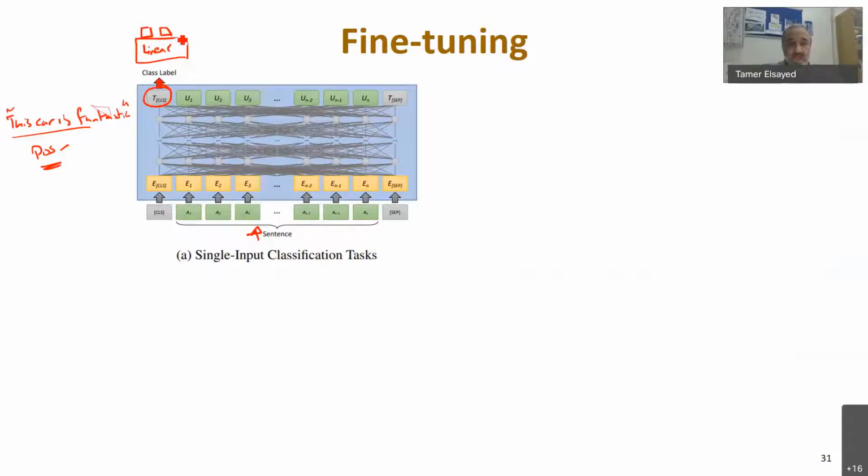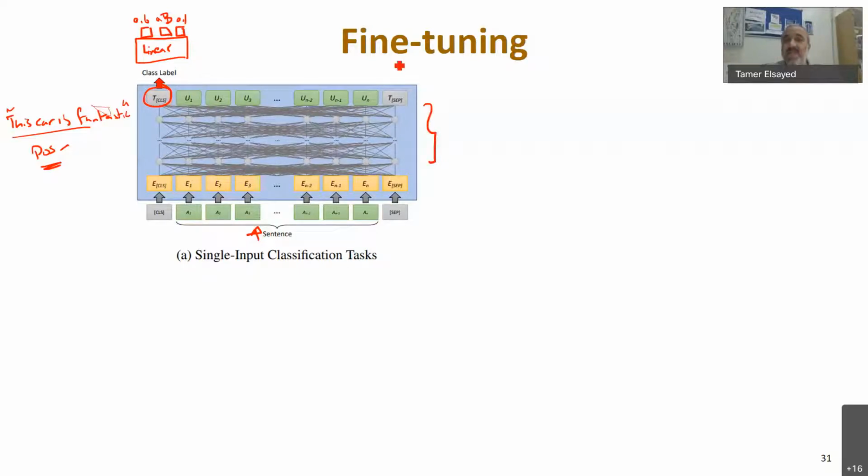So three numbers here, let's say 0.6, 0.3, 0.1. These are the probabilities that we got. Based on that, we will train the classifier.